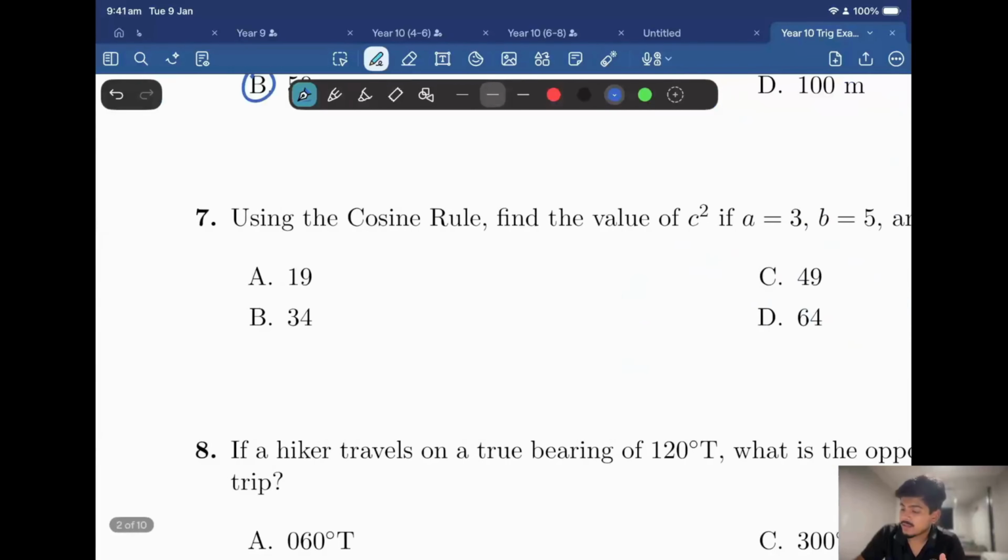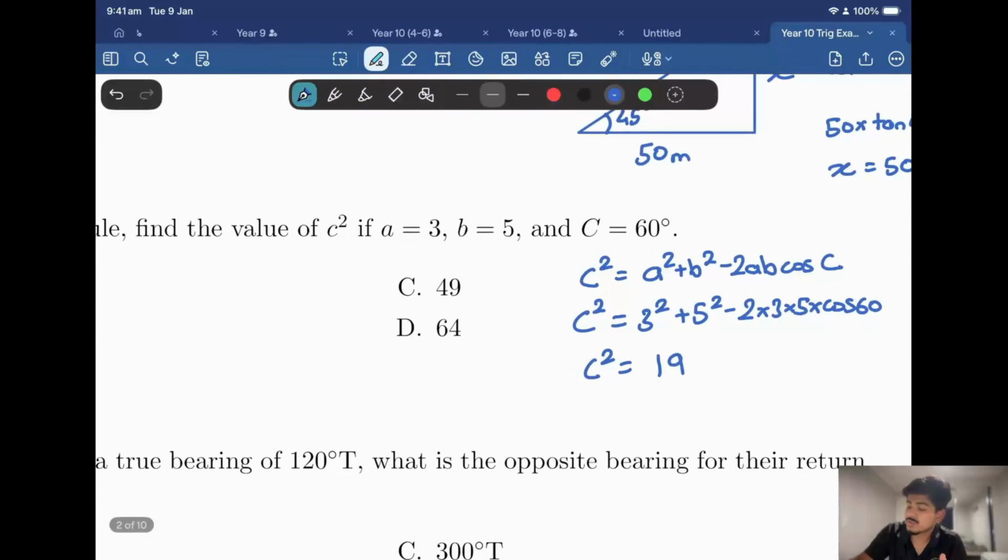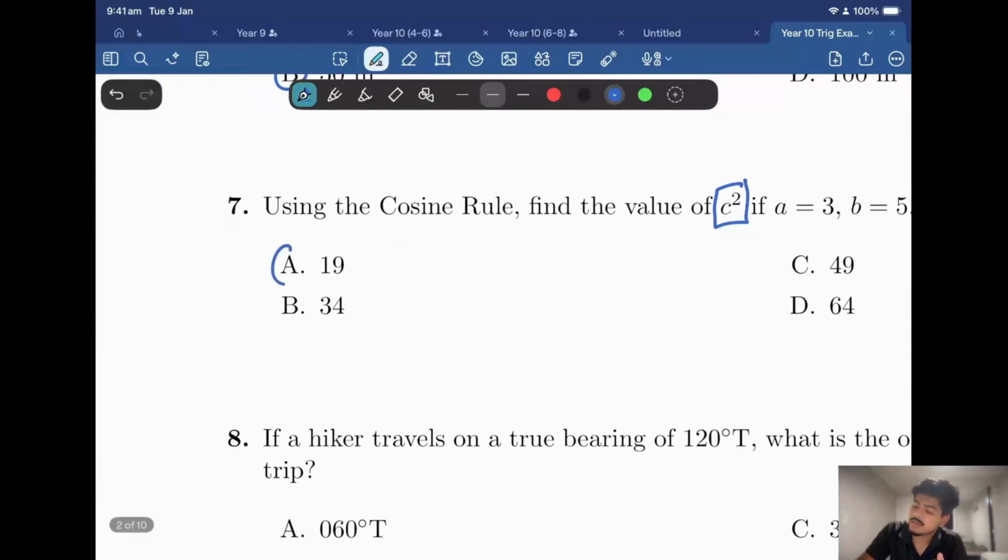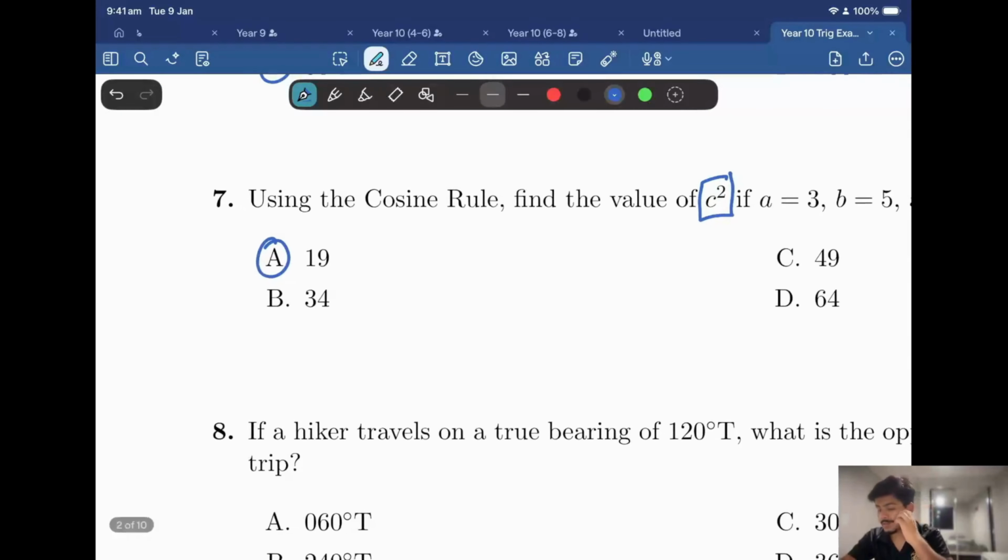Okay, and the question asks what's the value of c squared, so you don't need to root it, so your answer is just A. Okay, perfect.